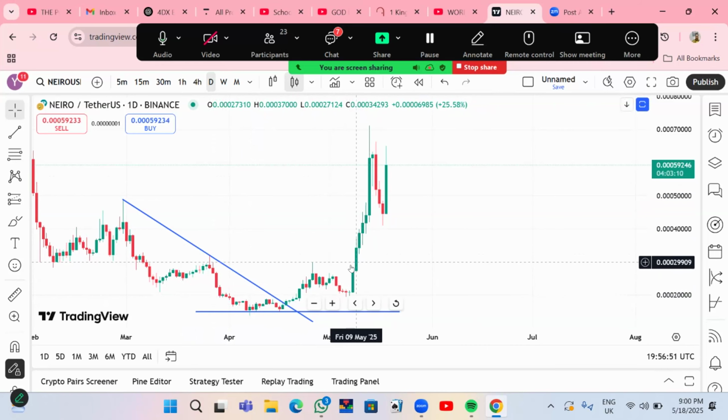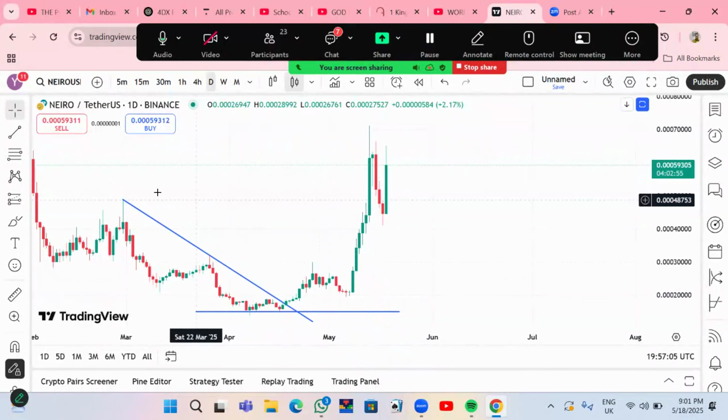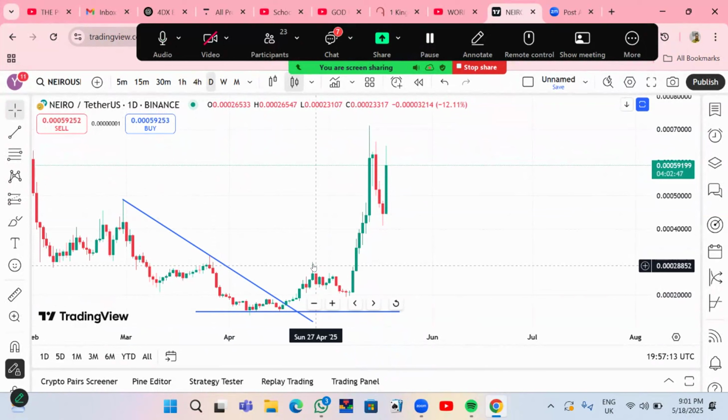And I told you that if a previous high is broken, we always see a pullback. Price came down here, went up higher than this high over here, and gave us a new high, even higher than this high here. I hope you know that this is a high, this is a high, and this is a high.